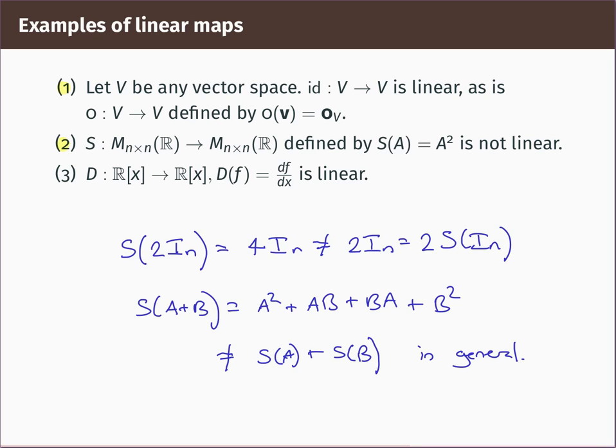It may hold for some matrices A and B, it does not hold for all matrices A and B, and the linearity definition requires that S of A plus B is equal to S of A plus S of B always.